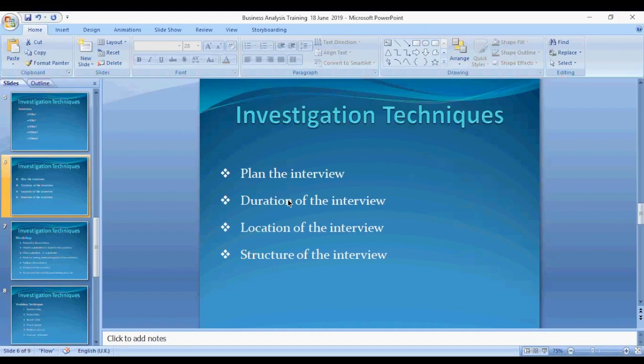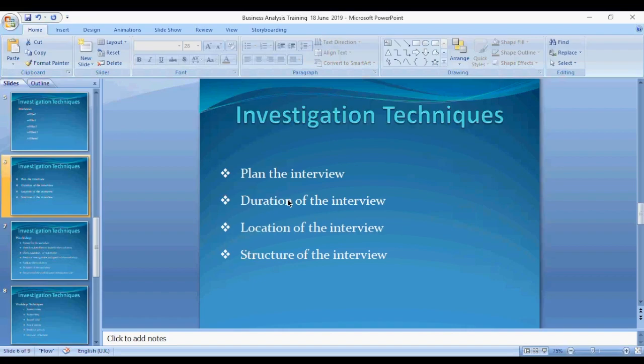Then you can do the body of the interview. Then you can discuss the next steps of action that you need to carry out. So once you introduce the project and ask the questions that you want to ask, you can summarize what you've discussed and the next steps of action.